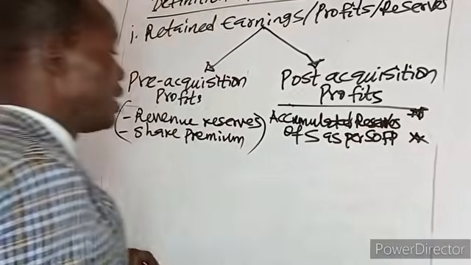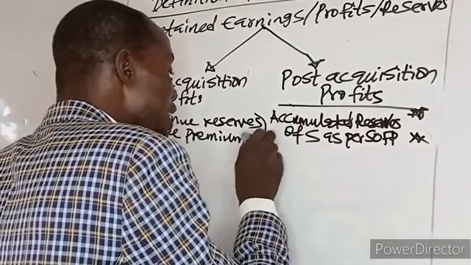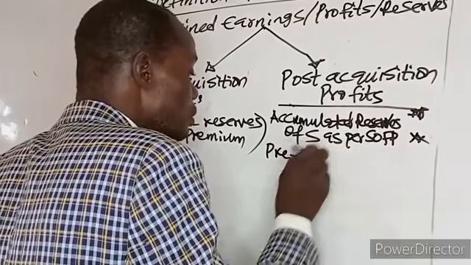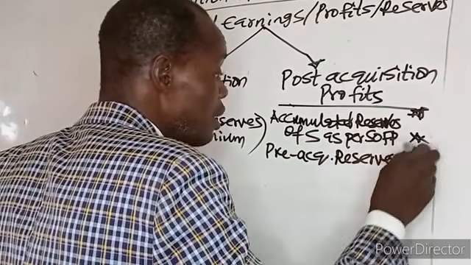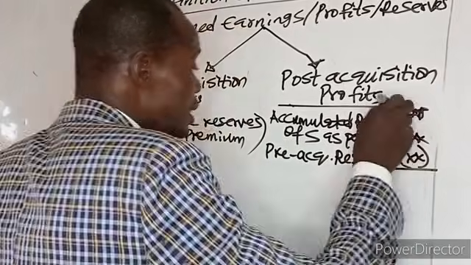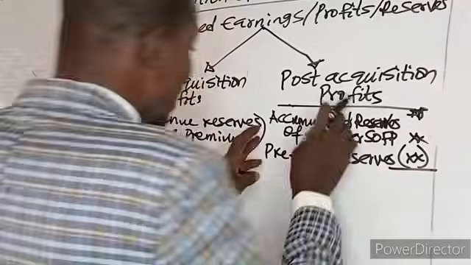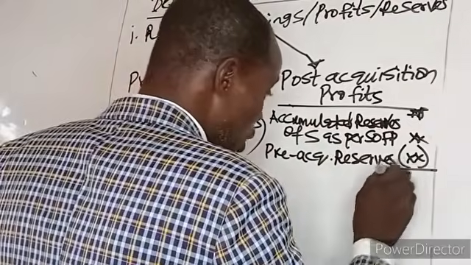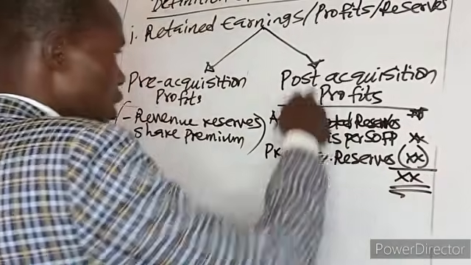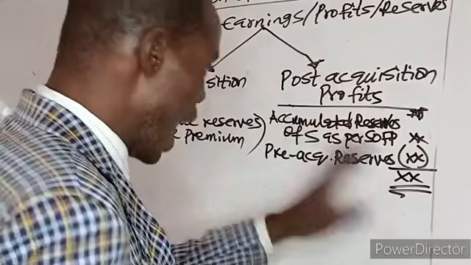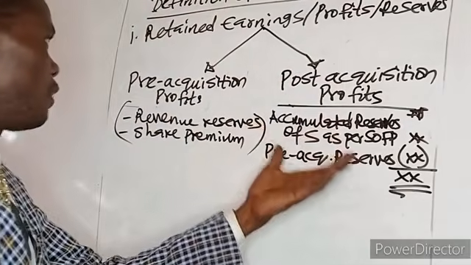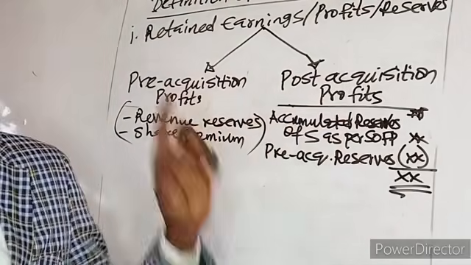Then you deduct pre-acquisition reserves. When you deduct pre-acquisition reserves from the accumulated retained earnings of the subsidiary, you get the post-acquisition reserves or post-acquisition retained earnings. Take note of that. That is the number 1 term.